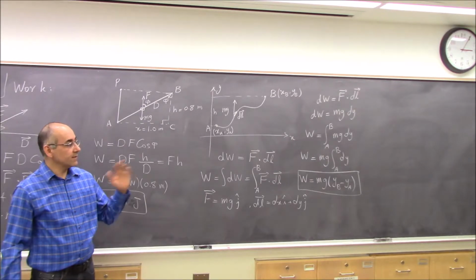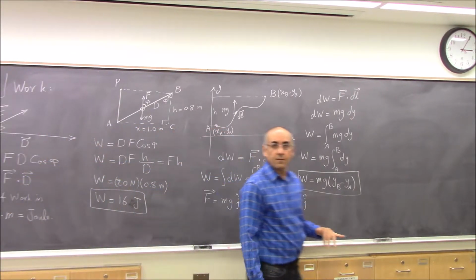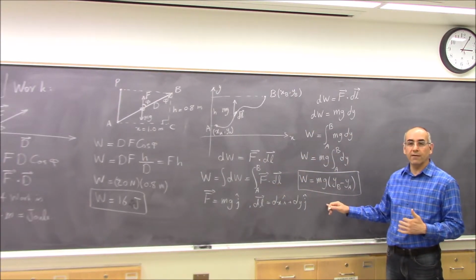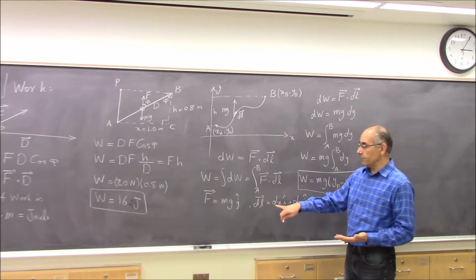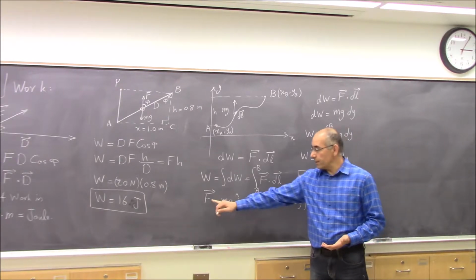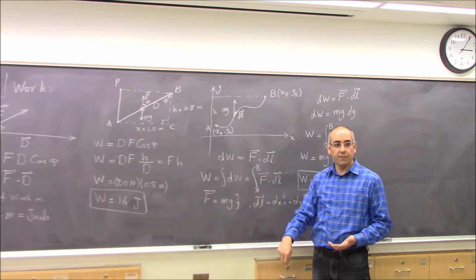And how much does gravity work while I'm doing this? How much is the work of gravity if I do the same thing for the gravitational force? What is the difference for the force of gravity? This will be the same, right? But the force of gravity is negative mg times j because it is in the negative j direction.